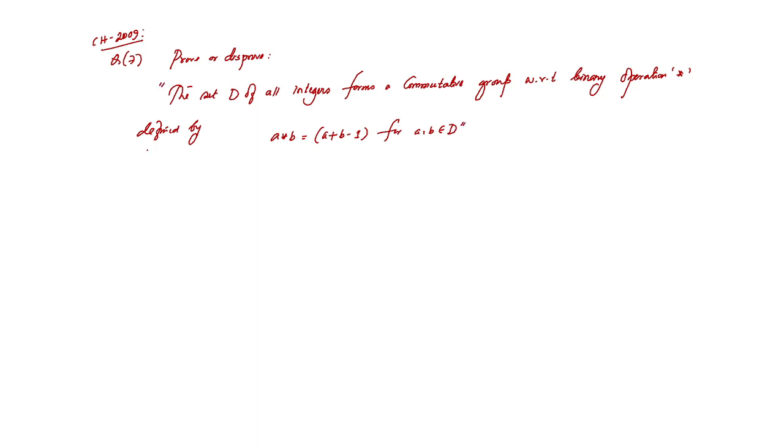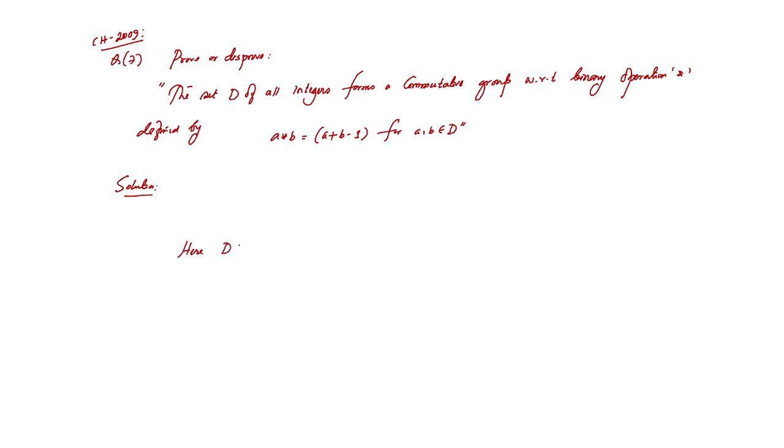So if we check all the properties, that means closure, associativity, identity and inverse, with the commutative law, and all of them hold, then we can say it is a commutative group. So we come to the solution. First we check what our D is.